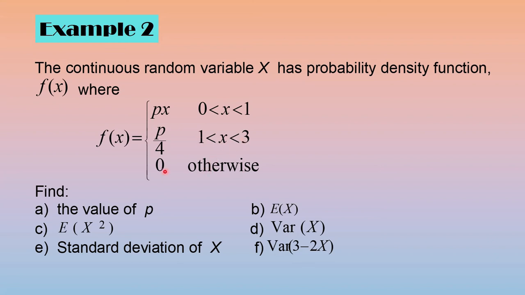Otherwise, the function is 0. Therefore, we want to find out what is A, the value of p, B, the expected value of X, C, the expected value of X squared, D, the variance of X, E, the standard deviation of X, and F, the variance of 3 minus 2X.